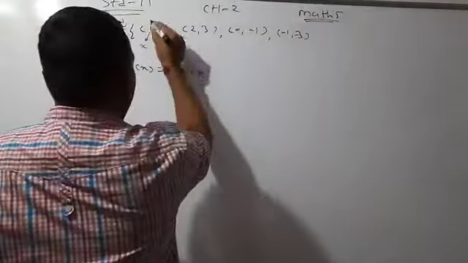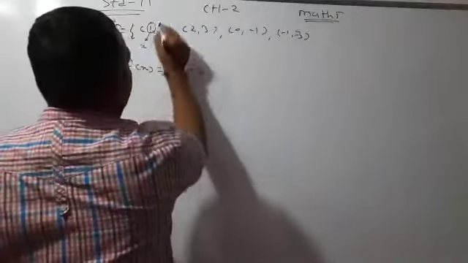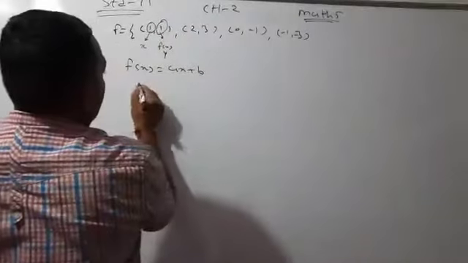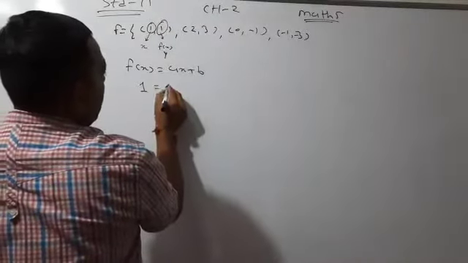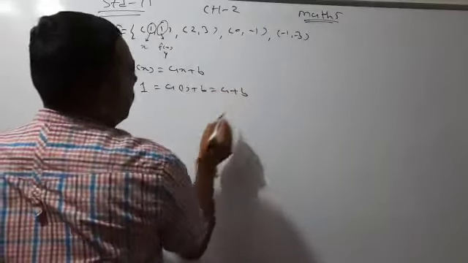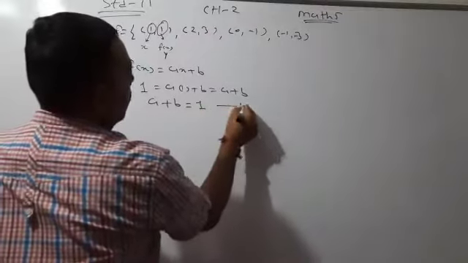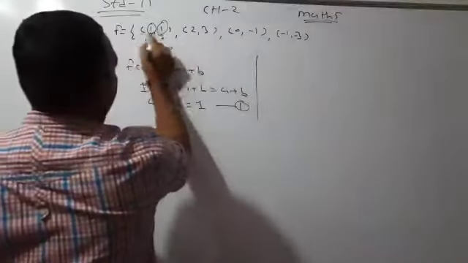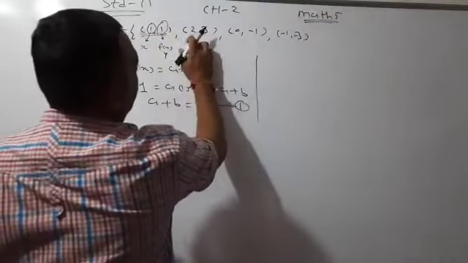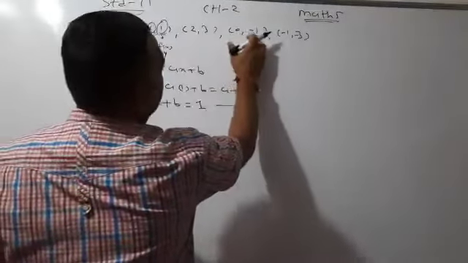Now first of all, as I told you, if I put x equal to 1, my answer of f(x) is 1. So I will put 1 here, and a into 1 plus b is simply a plus b. So finally a plus b is equal to 1. This is equation number 1 by putting the (1, 1) value. If I put (2, 3), but better than (2, 3), instead we will put (0, -1).